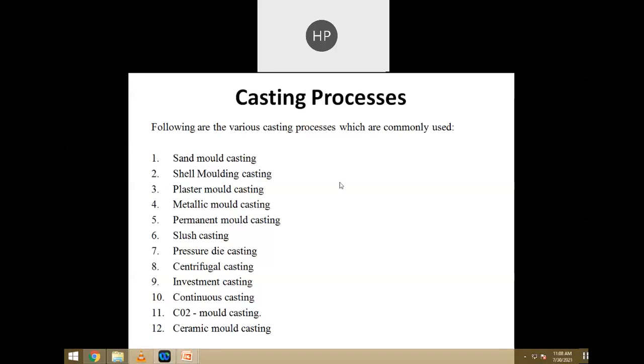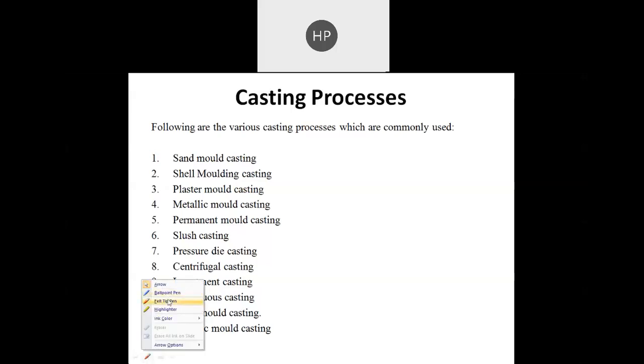chapter. Today we are going to classify some of the casting processes which are used, and also we are going to discuss in detail those various casting processes. So the casting processes are generally classified as listed over here, like sand mold casting, cell mold casting, plaster mold casting, metallic mold casting.